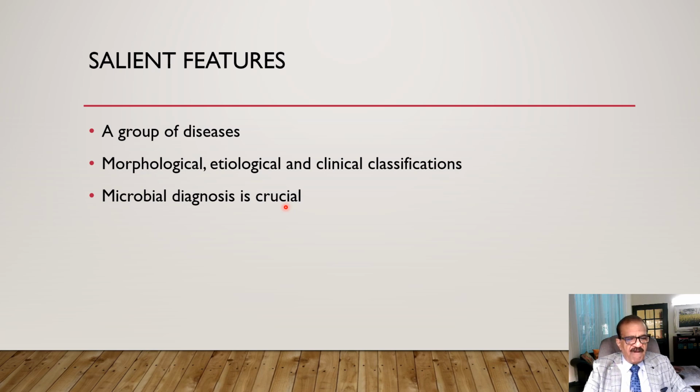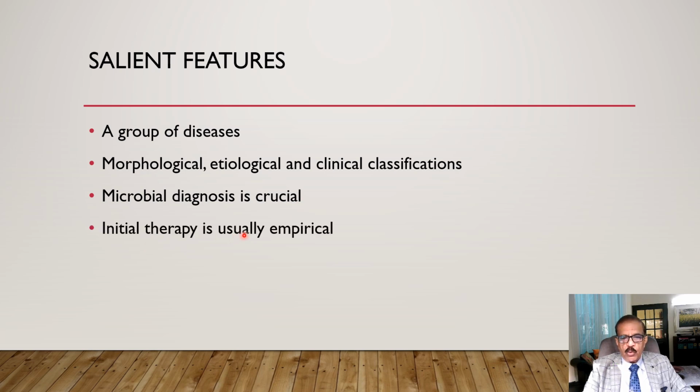Now, I must confess that is not possible in all cases, especially in our settings. So we try to make an empirical diagnosis, but we do try to find the actual organism so that we can give the proper treatment. It is extremely important to find the actual organism and also the culture and sensitivity pattern of that particular organism.